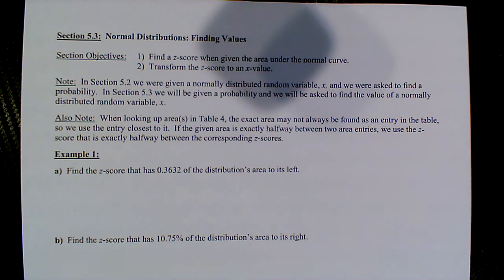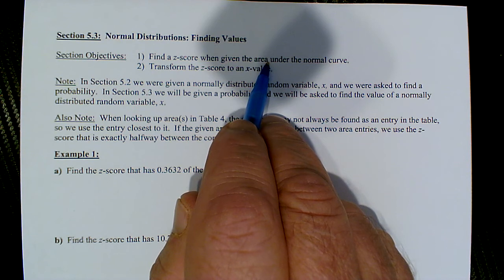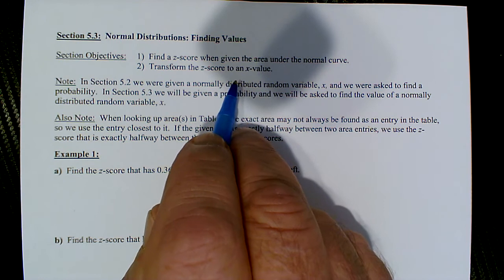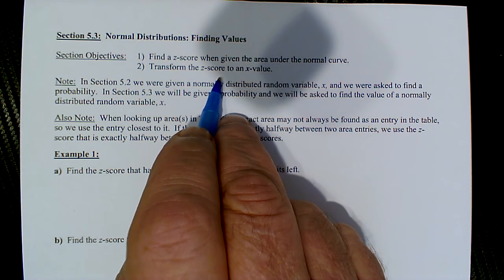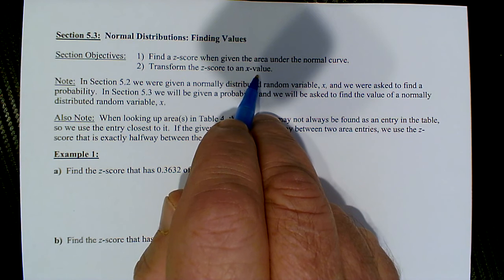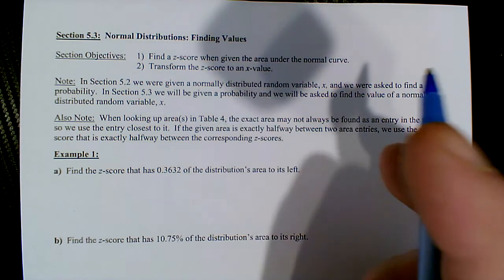Instead of being given a z-score and finding the area, we're going to be given the area and finding a z-score, and then the goal is to transform that z-score to a data value by using our formula for z-scores, but basically an algebraic manipulation of it.